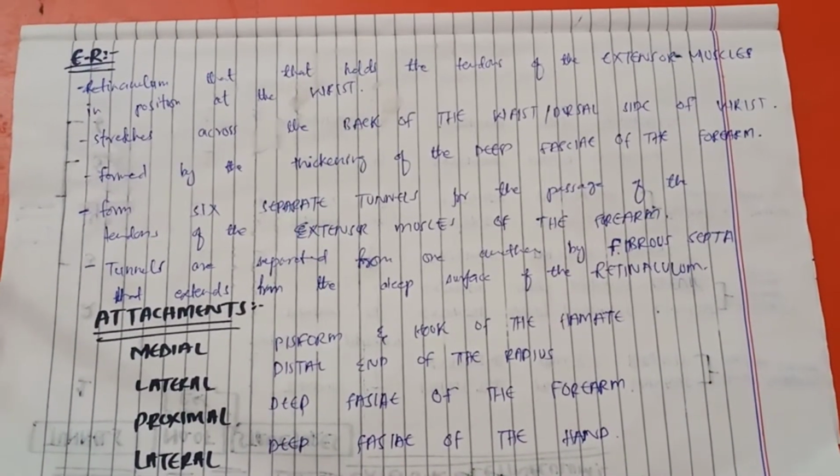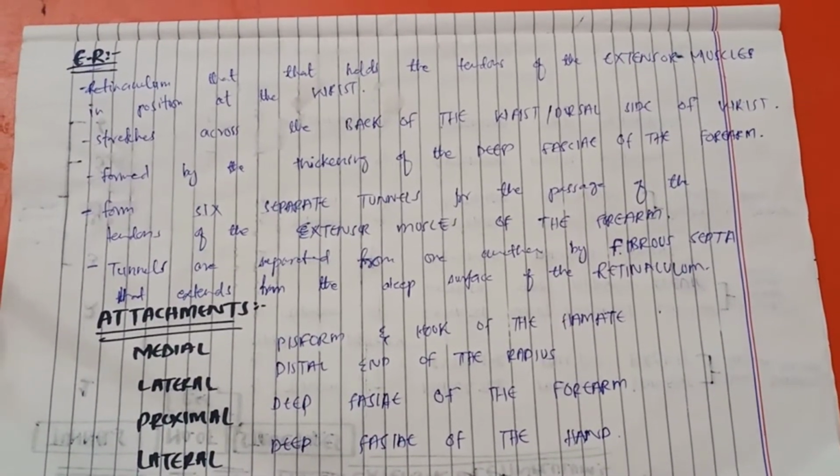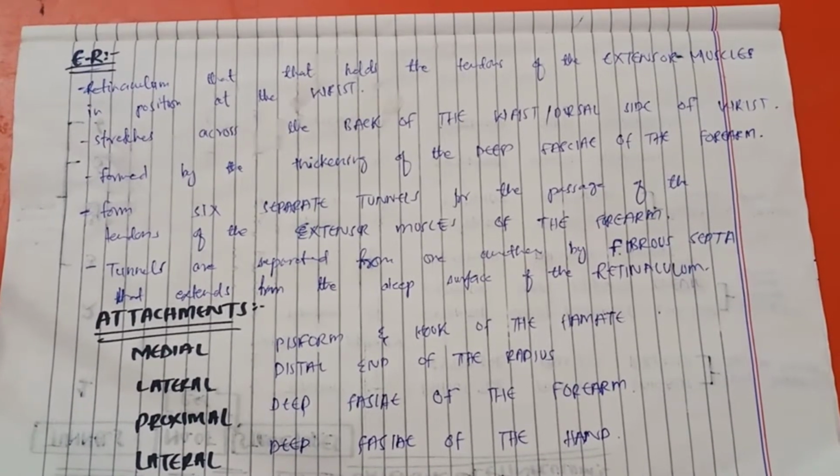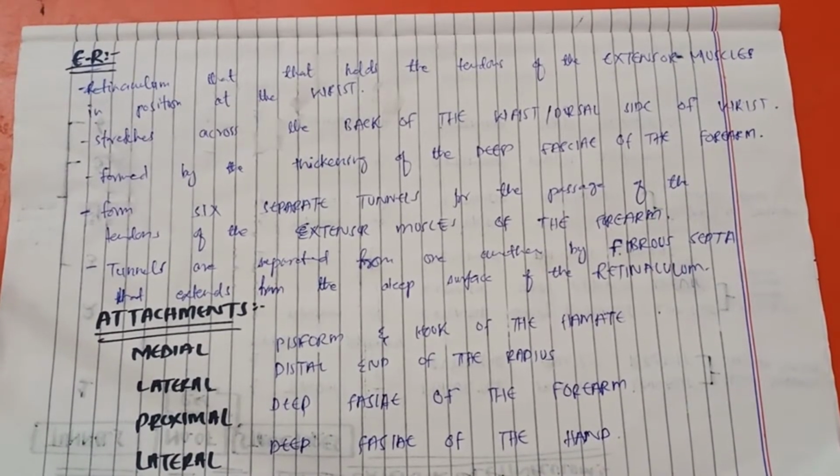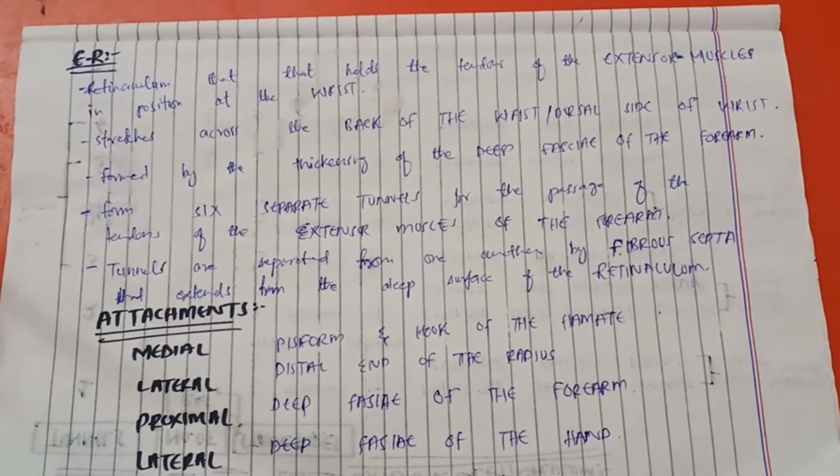So let's recall, what is retinaculum? Retinaculum is the thickening of the deep fascia, and retinacula are present in many parts of the body. That is, it is present in the leg, and it is present in the wrist and in other parts of the body.